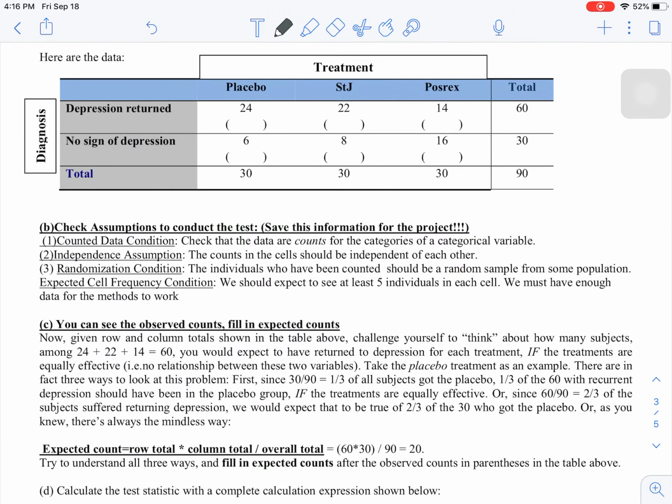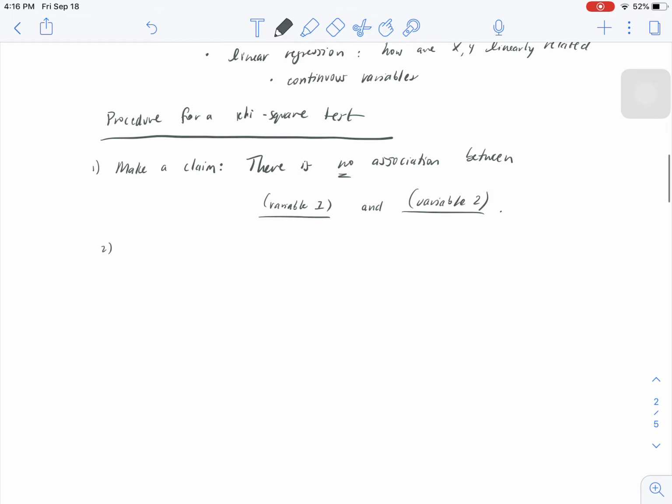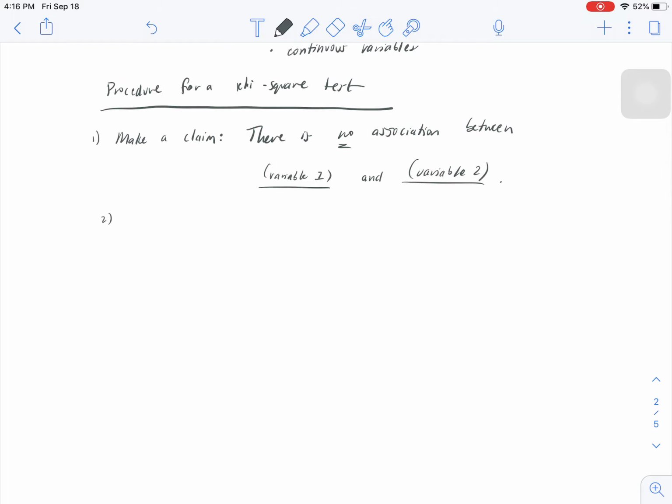Now, the next thing that we want to do when we do a chi-square test is make sure that necessary conditions have been met, that a chi-square test is actually appropriate for our data. So we want to check whether our necessary assumptions are true.